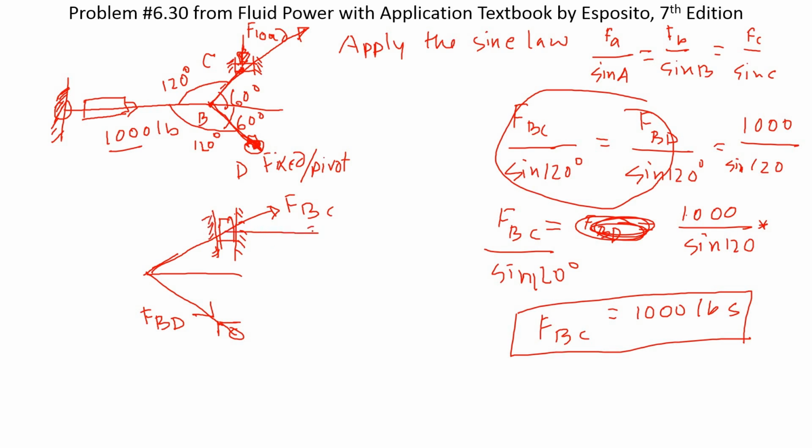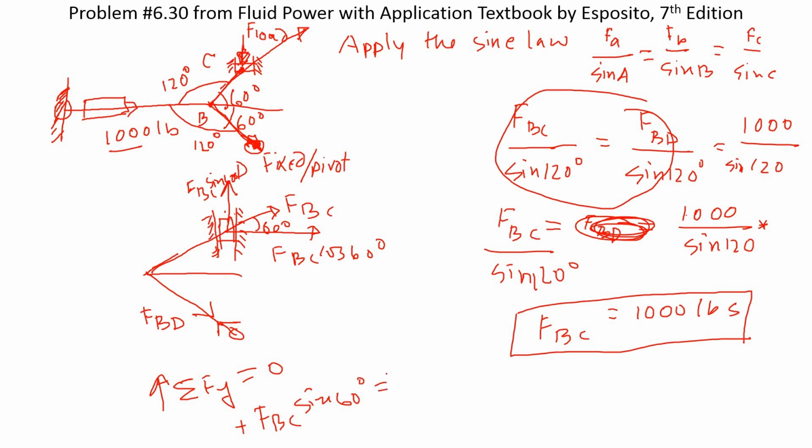If you divide this into two parts, that's 60 degrees. F_BC cosine 60 degrees will be neutralized by the cylinder wall. And then this part would be F_BC sine 60 degrees, so that will be the load. If you do the summation of Fy, with upward direction positive, equal to 0, then F_BC sine 60 degrees minus F_load, which is downwards, equals 0.